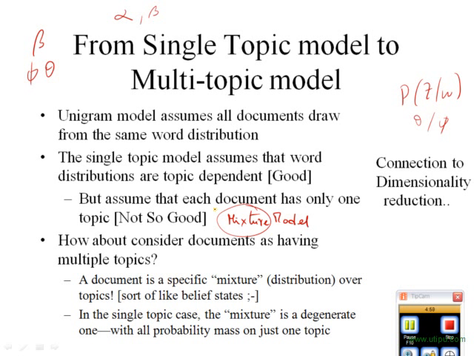A mixture model is one where the entities that you are seeing, in this case documents, could have been generated from one of k different mixtures, k different distributions. It's called a mixture model because you mixed up all those distributions.